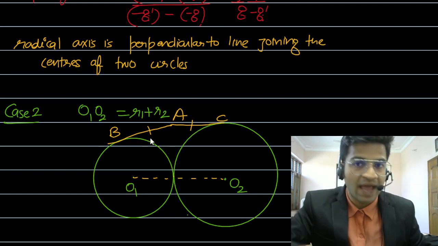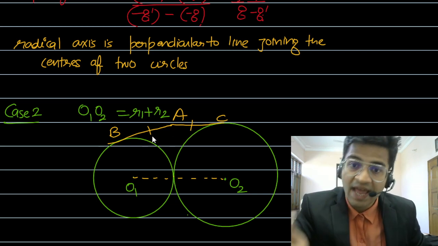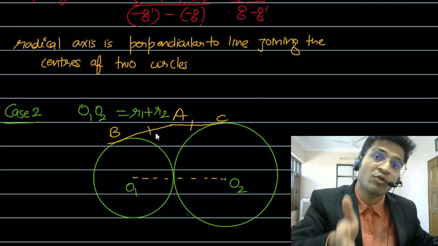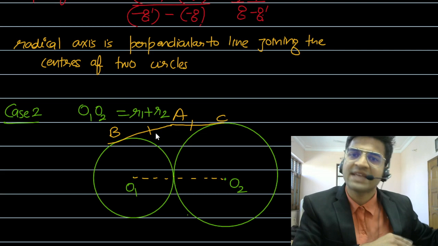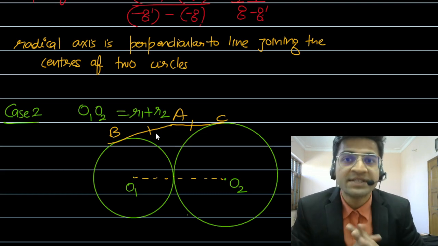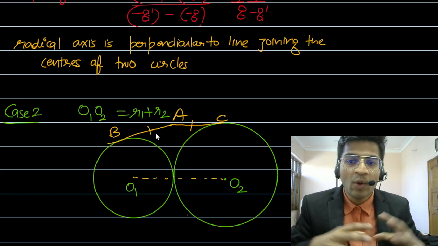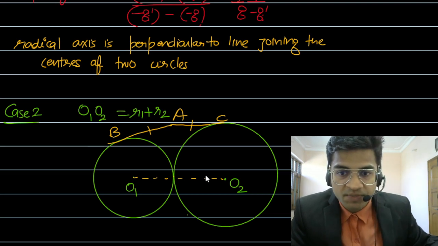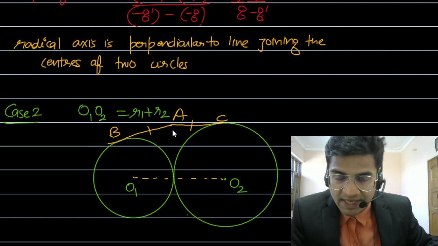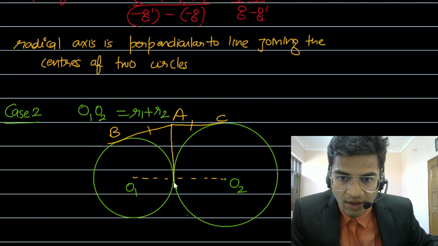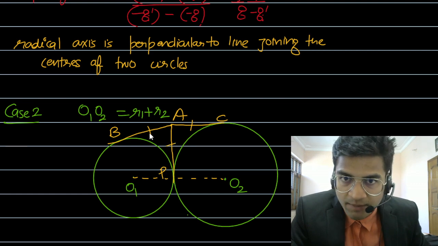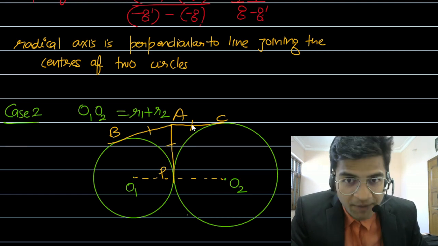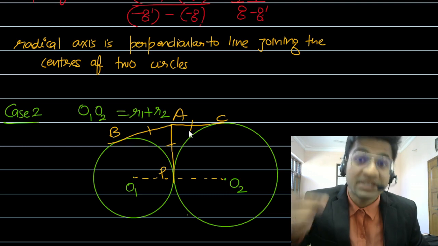This is AB, and there must be another tangent. Also from A, I can draw two tangents to the other circle, AC, and let us say the other tangent is AE. Dear students, it must be clear to everyone that if we join this point P and A, AP is a tangent. Also, it is a common tangent to both circles, right? So AP, what we can see, length of AP and AB will be equal. Length of AP and AC will be equal, and AB and AC are equal.